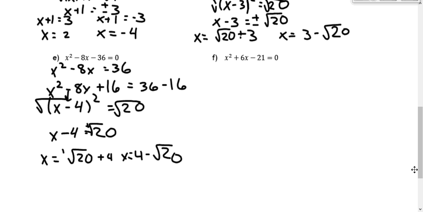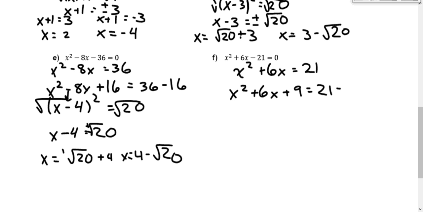Okay, next one. x squared plus 6x is equal to 21. Complete the square, so then x squared plus 6x plus 9 is equal to 21 plus 9. x plus 3 squared is equal to 30.